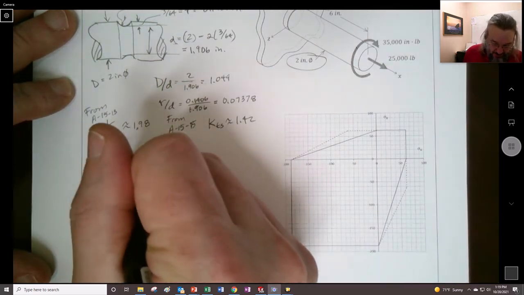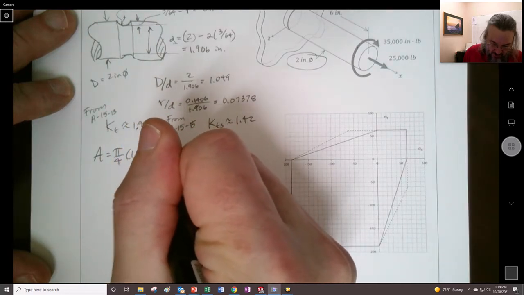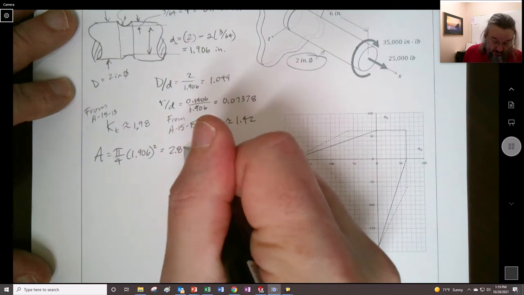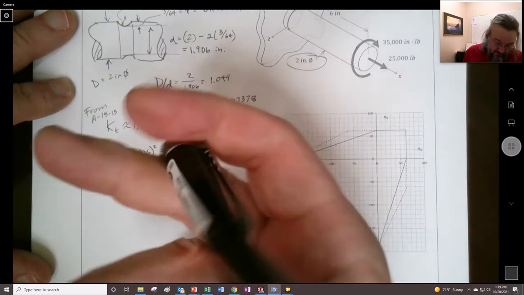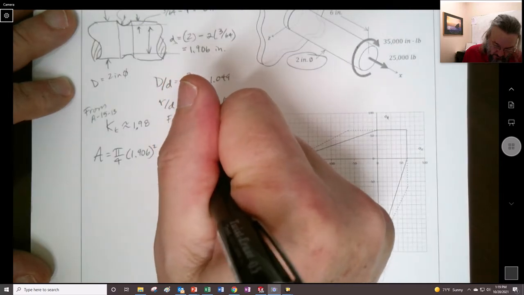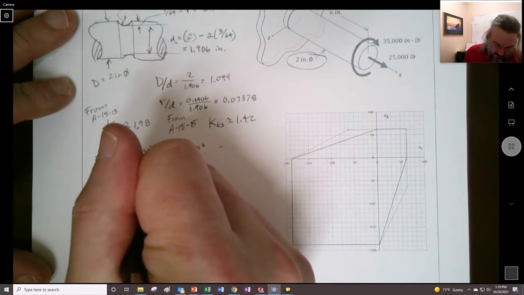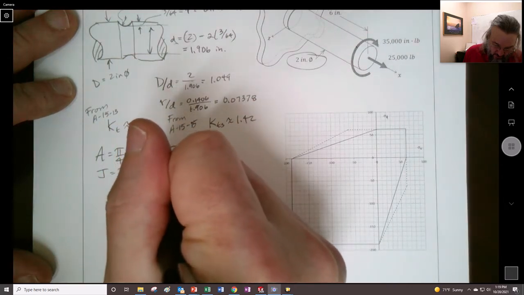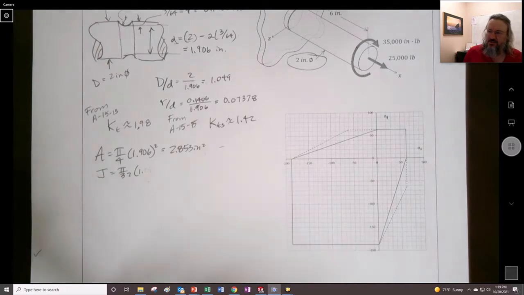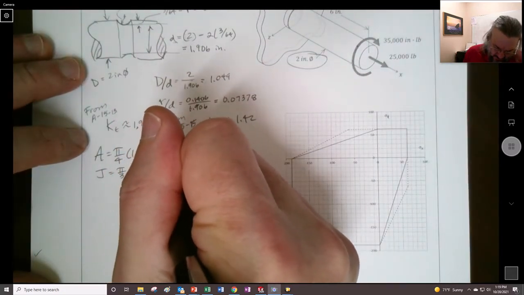So the area is pi over 4 times 1.906 squared, or 2.83853 inches squared. And J is going to be pi over 32 times 1.906 raised to the fourth.